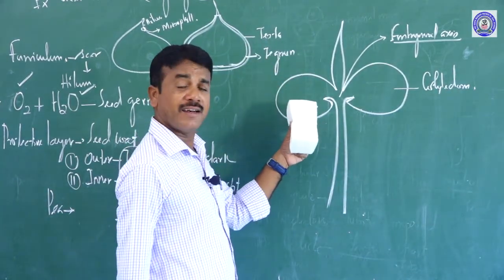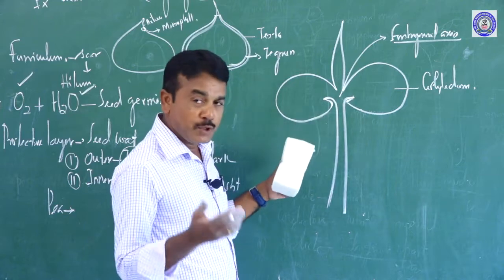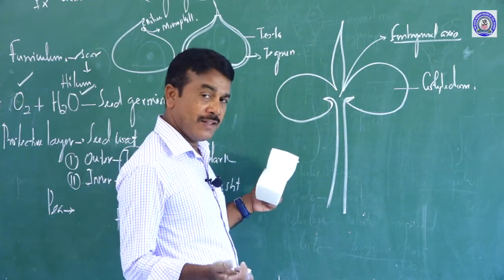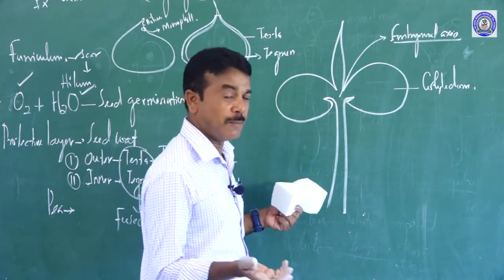The cotyledons bestow the reserve food from the endosperm, which the embryo utilizes to develop.